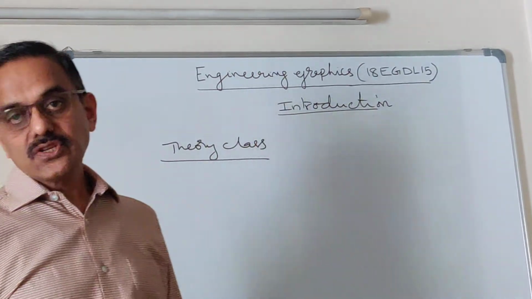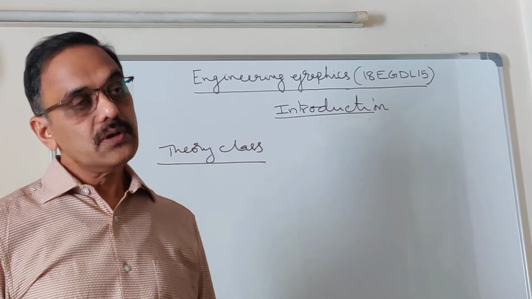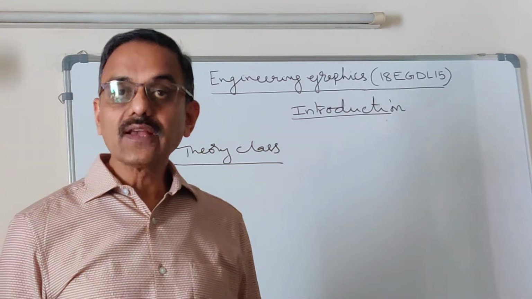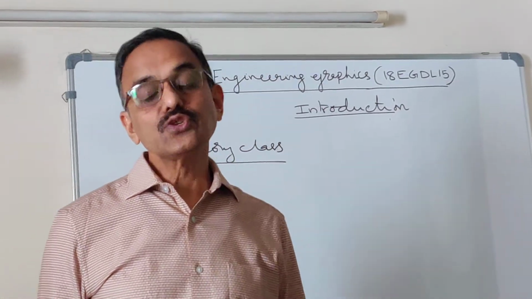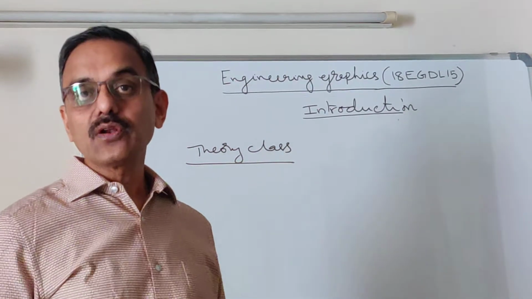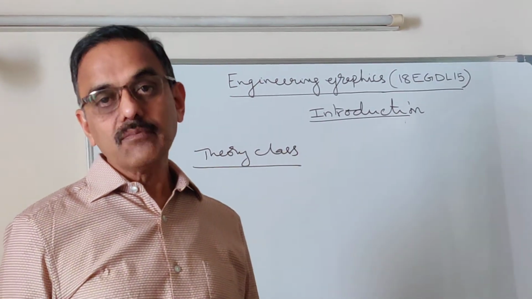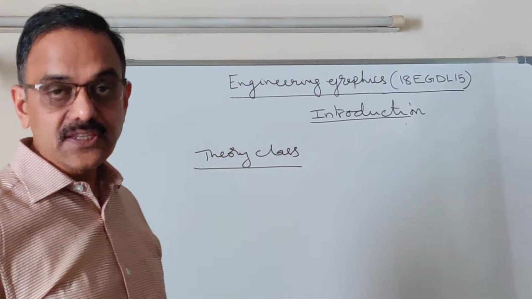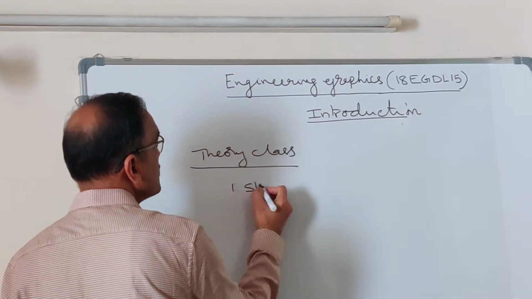You will be given instructions on how to make the sketching. Listening to the instructions, you will be making the drawings in the class itself. You are required to carry some instruments to the class. I'll be telling you which instruments are to be bought, and then you will be drawing using a sketchbook. So you need to buy what is called a sketchbook.